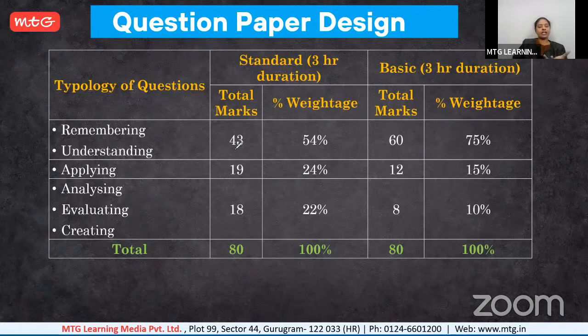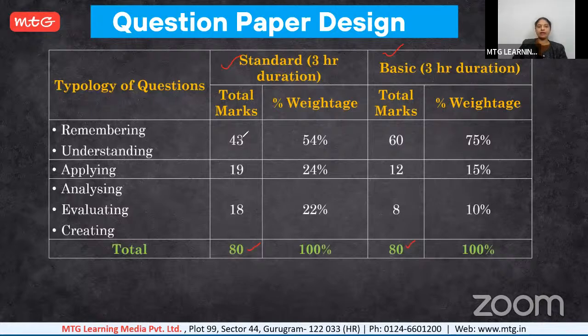Some of you are concerned with basic and some with standard. These are the two categories of papers that you generally get in your board exams. Both categories are 80-mark papers.